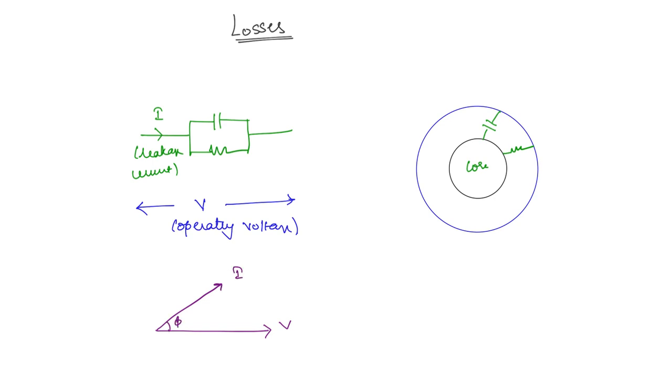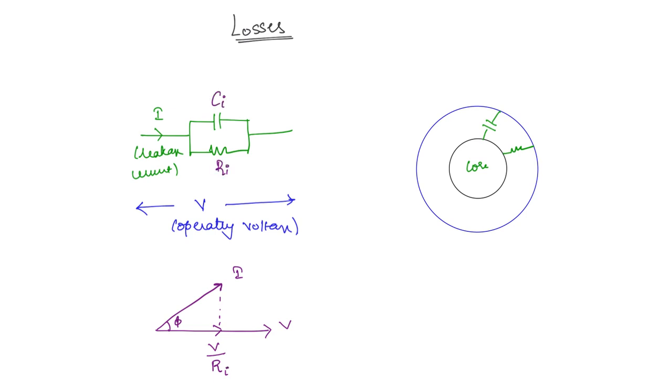This is the power factor angle. If you draw the horizontal component, that is the current through the resistance, V by Ri, where Ri is the insulation resistance.